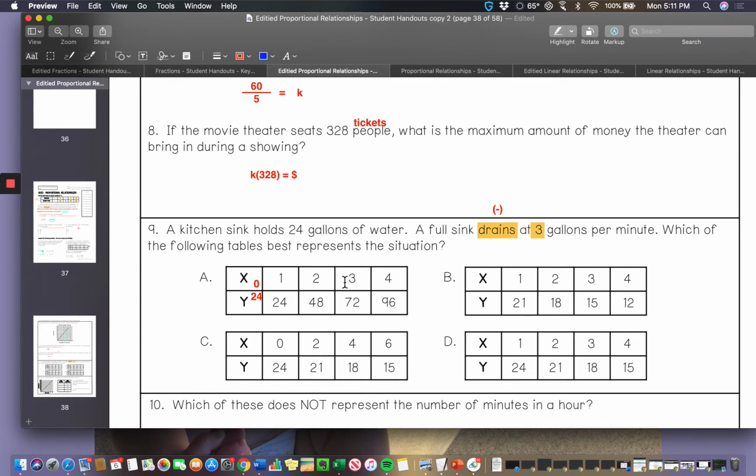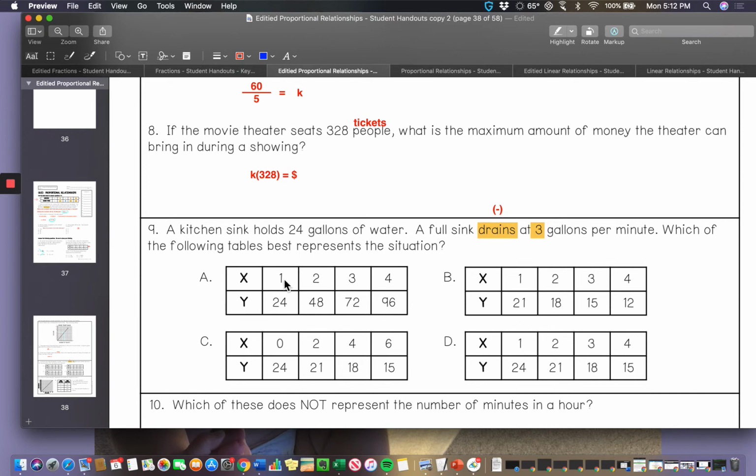Originally, I wasn't sure about this problem, but after thinking about it for a minute or two, I did realize a couple things. So, I do know that there are 24 gallons of water in the sink, and that per minute it is draining 3. Well, X is the number of minutes. Well, if 1 minute passes, there's not going to be 24 gallons in the sink, right?